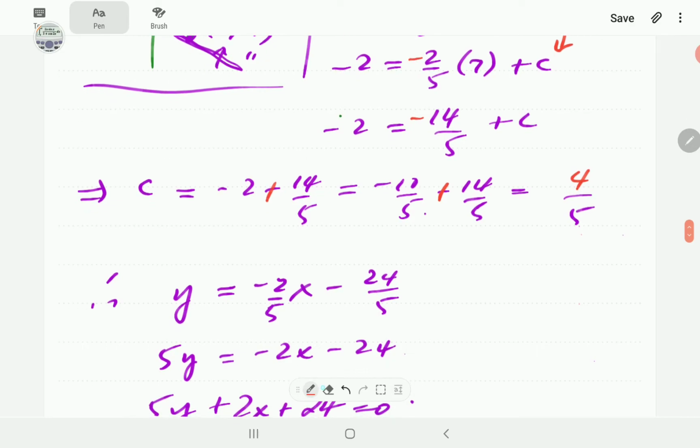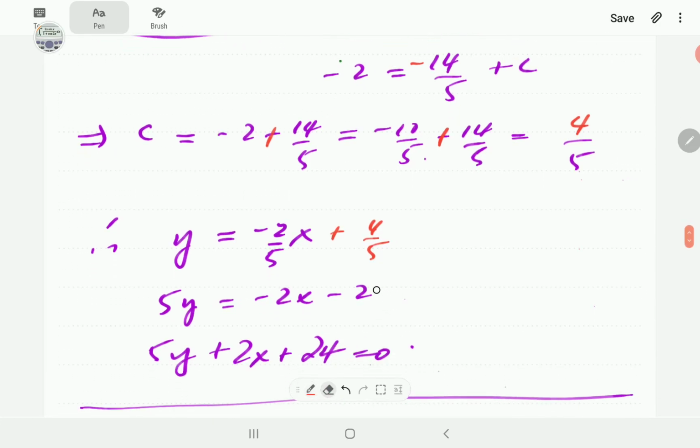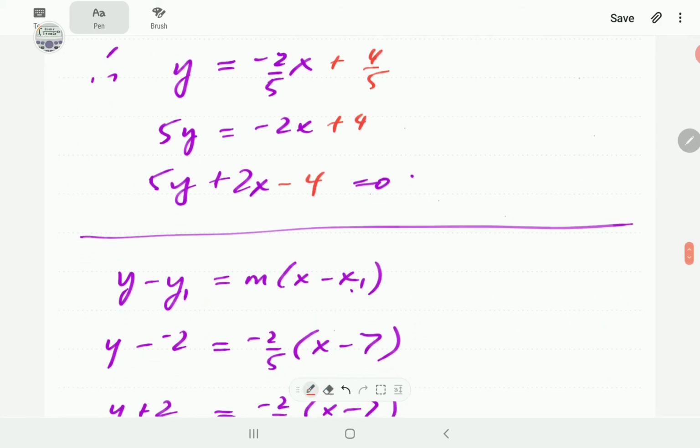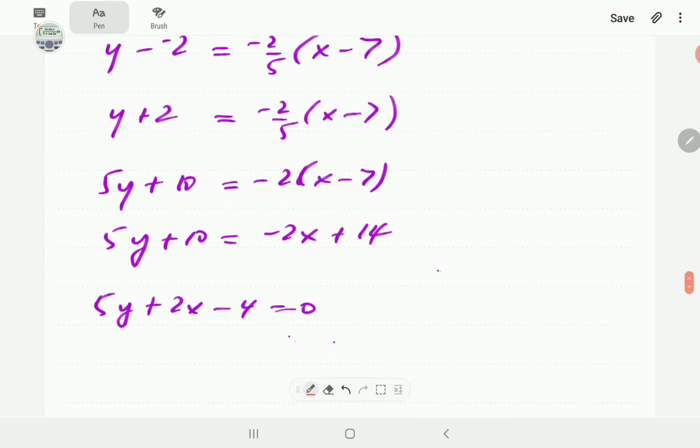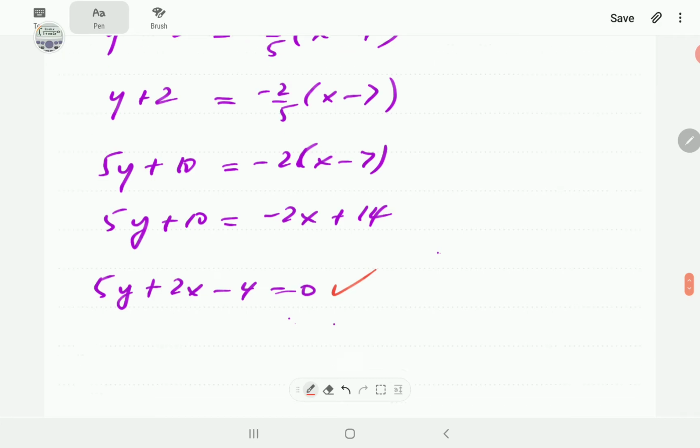So our c is plus 4 over 5 here, and then multiplying through by 5, it's going to give plus 4 here, and then minus 4 there. All right, and then now this is tallying with the same equation that we're getting there.